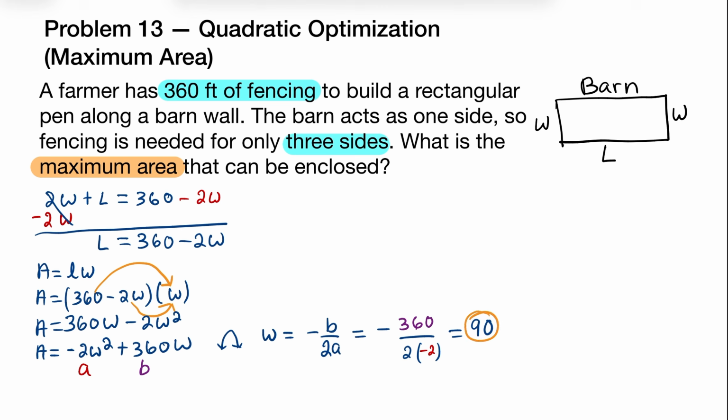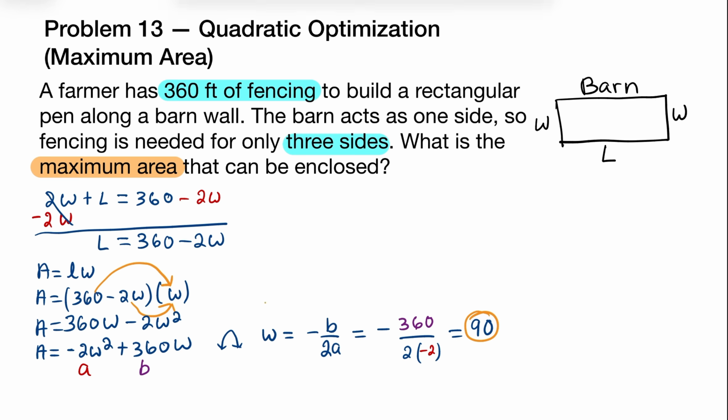Okay, so now what we're going to do is substitute some more values here. You see how we found L equals 360 minus 2W. Now that we know W is 90, we can use L equals 360 minus 2W. So let's go ahead and do that.